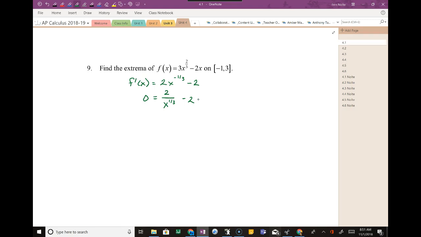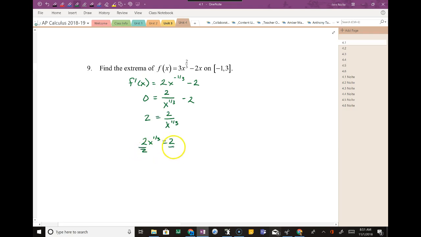Let's solve this. How would I isolate my x? Add the 2. Then how do I get the x out of the bottom? Multiply it out. So I would have 2x to the 1/3 equals 2. Then what?